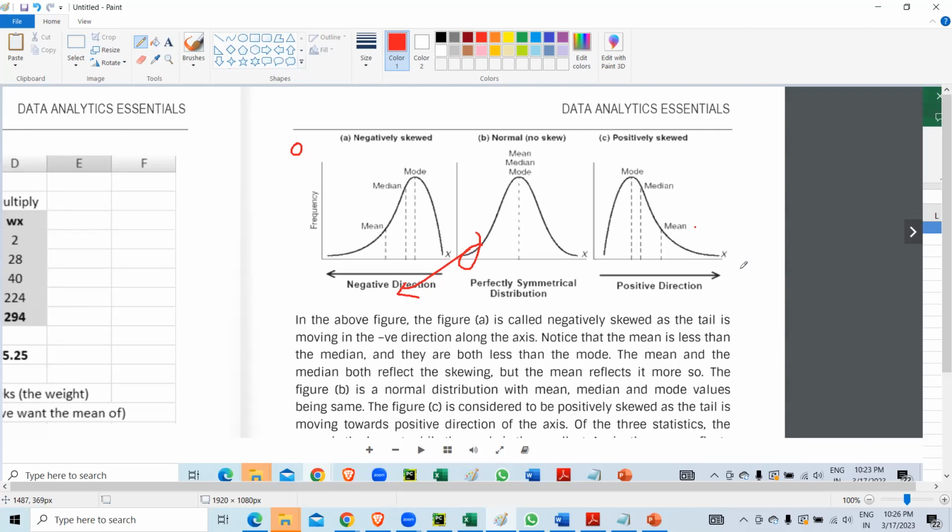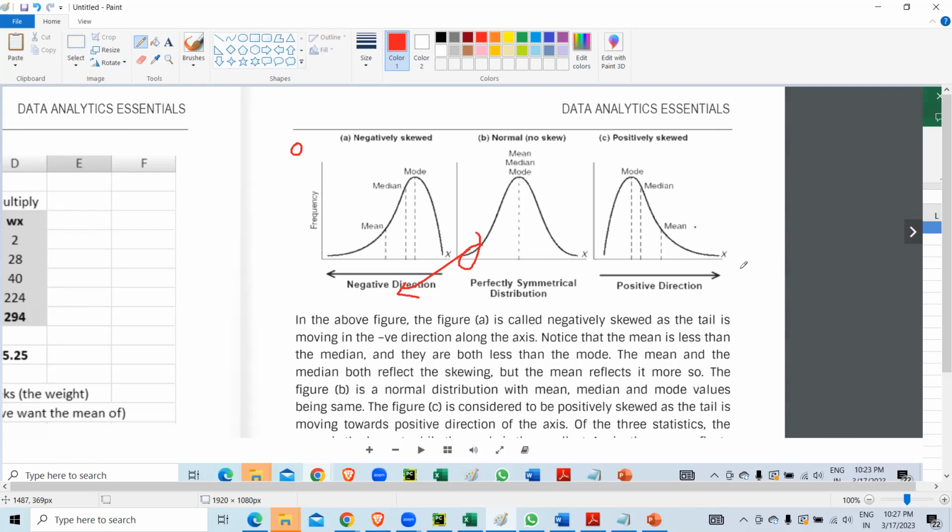Exactly what happened yesterday. The side towards which the tail is there, the mean will run to that side. So your skewness depends upon which side you have outliers or which side you have the tail.